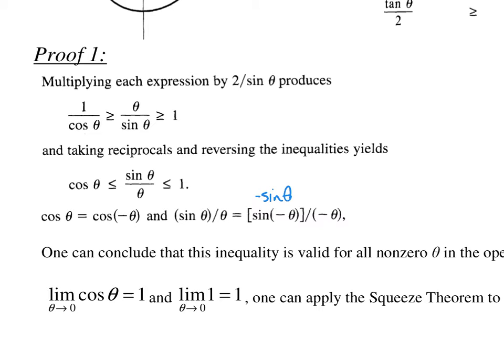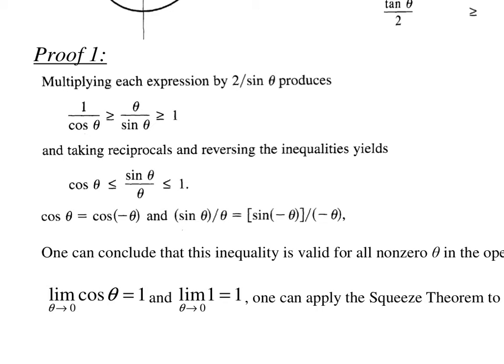If I divide that by a negative theta, the negatives cancel out and I still have sine theta over theta. So we're just confirming here, and you would have to do this if you were proving this. You have to confirm all possibilities. So negatives will work here.